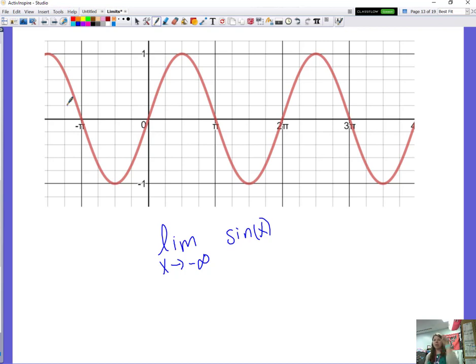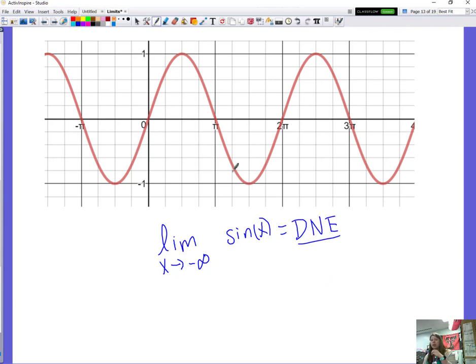It's going up and down, up and down the whole time, so it's never approaching anything as we go to negative infinity. Because it's not approaching anything, the limit does not exist.